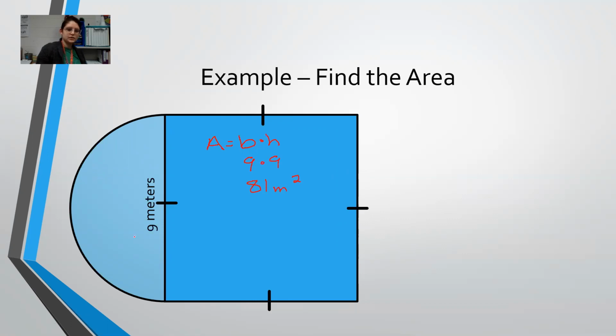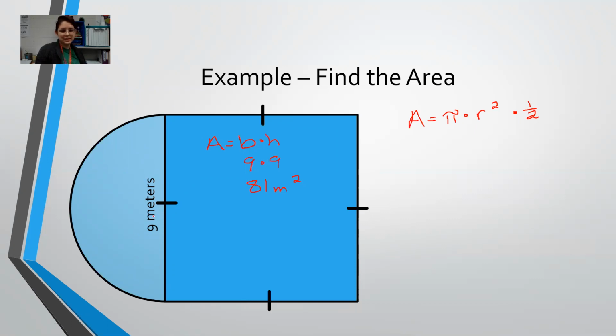Now I have to deal with this half circle, or semicircle. If we remember, the area for a circle is pi times the radius squared. What's special here is I don't have a whole circle, I have half a circle. So to get half a circle, I'm going to multiply times 1/2. I can see that my circle is the same width as my square.